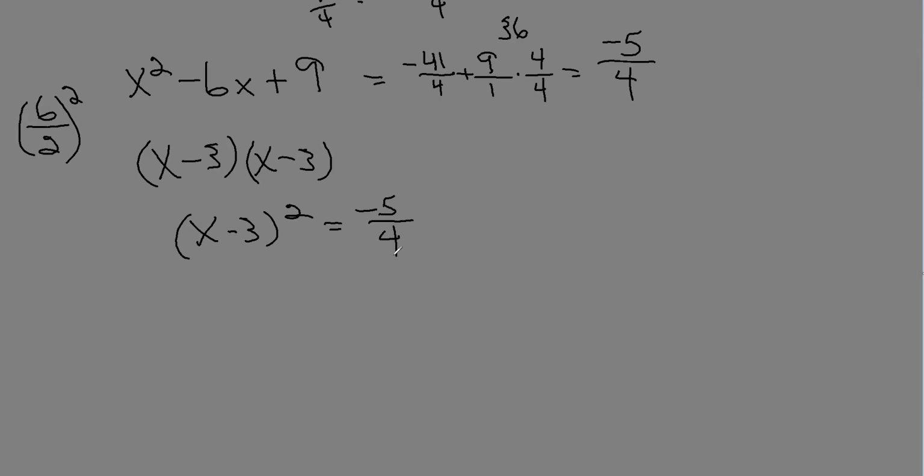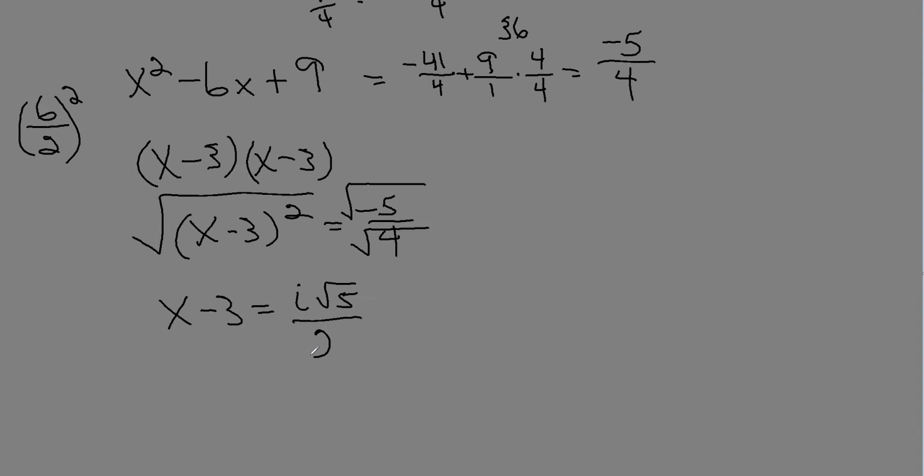Great. We're ready to solve it. Take the square root of both sides. Again, I do it separately. And now I'm going to have that x minus 3 equals, well, let's see, the square root of negative 5. That must be i root 5 over the square root of 4, which is 2.